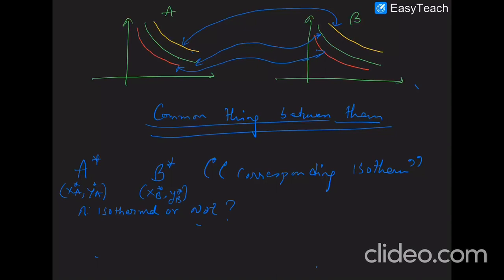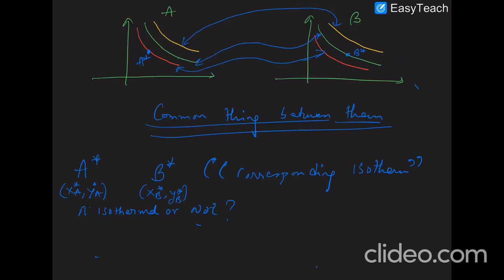Now when you plot that in the thermodynamic state space of A, suppose you find that A star is lying on the red line. Similarly, B star is lying on the green line. Now whether they are isothermal or not, that will be the question.